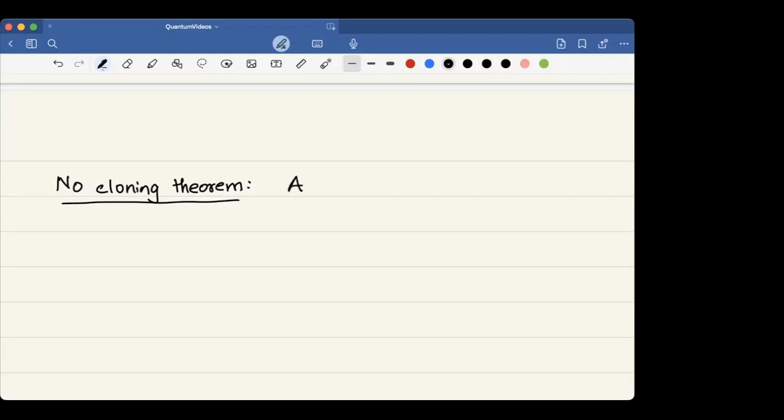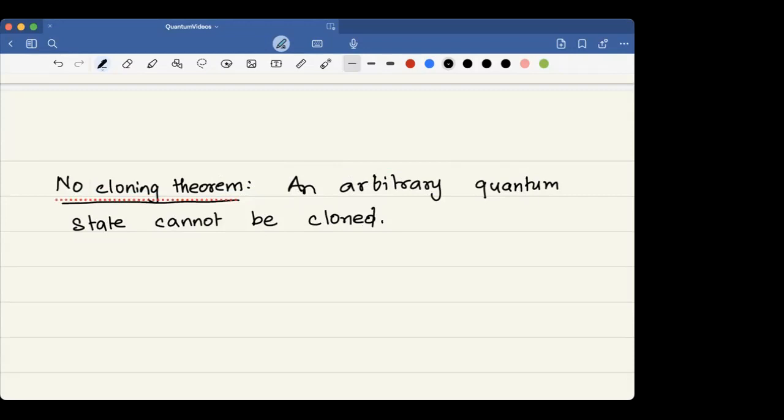It states that an arbitrary quantum state cannot be copied or cloned. So what does that mean in terms of quantum computation? It means that we cannot build a circuit.